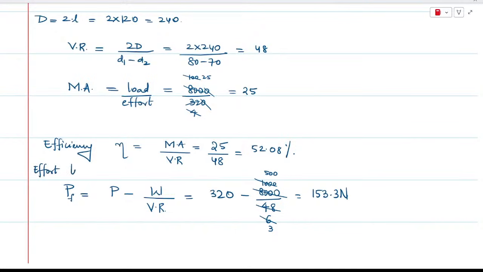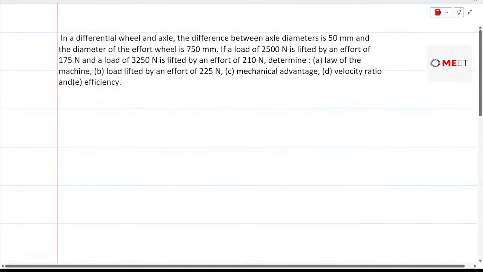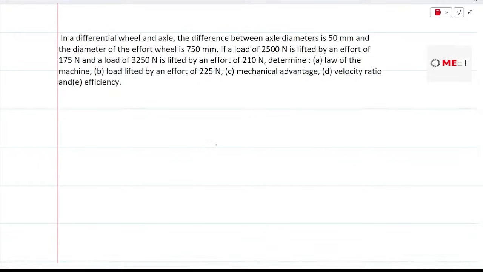The question says about a differential wheel and axle. The difference between axle diameters is 50 mm and the diameter of the effort wheel is 750 mm.